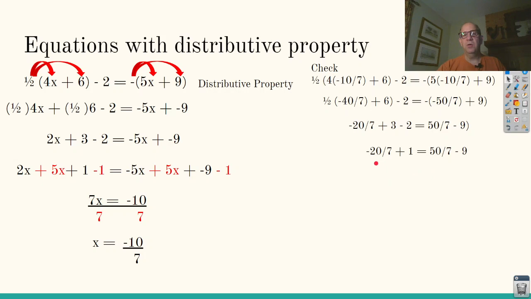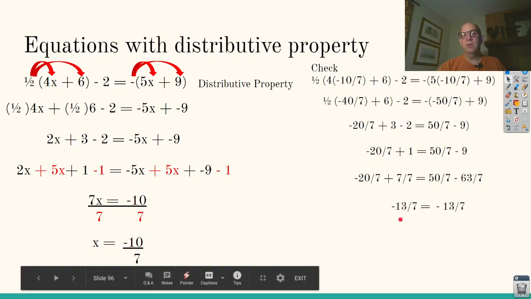All right, so negative 20 over 7 plus 1 equals 50 over 7 minus 9. Negative 20 over 7 plus 1 is plus 7 over 7. 50 over 7 minus 9 is minus 63 over 7.